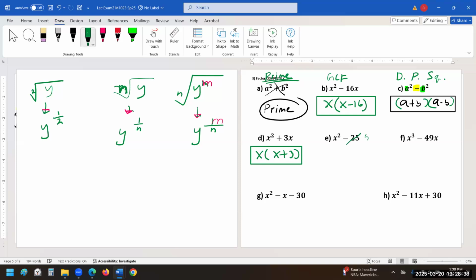Difference of perfect squares. 25 is 5 squared. So x plus 5, x minus 5. In multiplication, 2 times 3 is the same as 3 times 2, so it doesn't matter. Because you don't have any GCF. This is 25, it doesn't have any x. What can you pull out as a GCF?